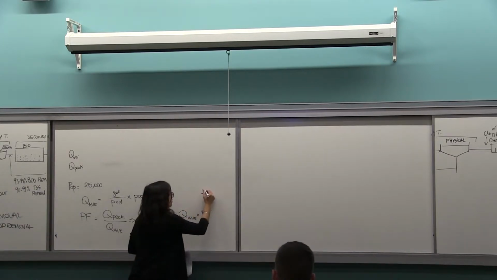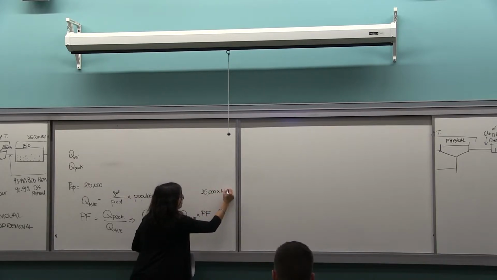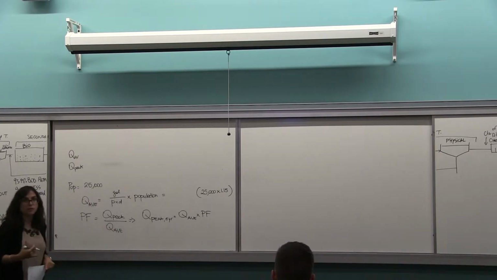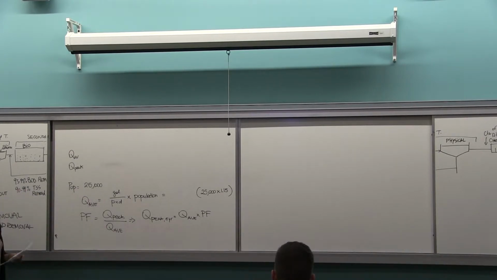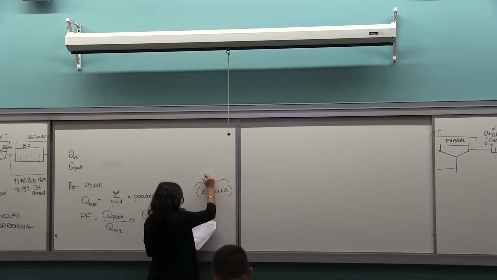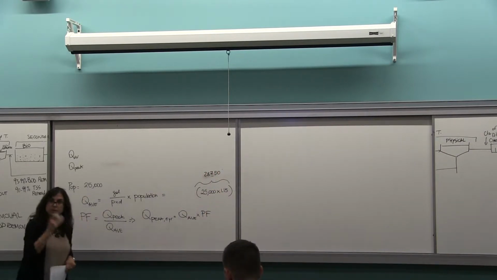So my total population will be 25,000 multiplied by 1.15. That will give the overall population, and that number is 28,750. This is my overall population.